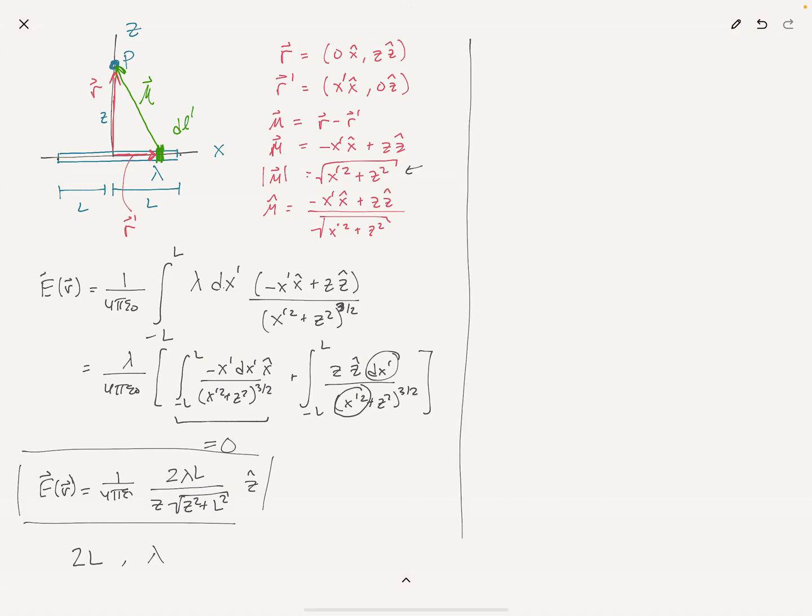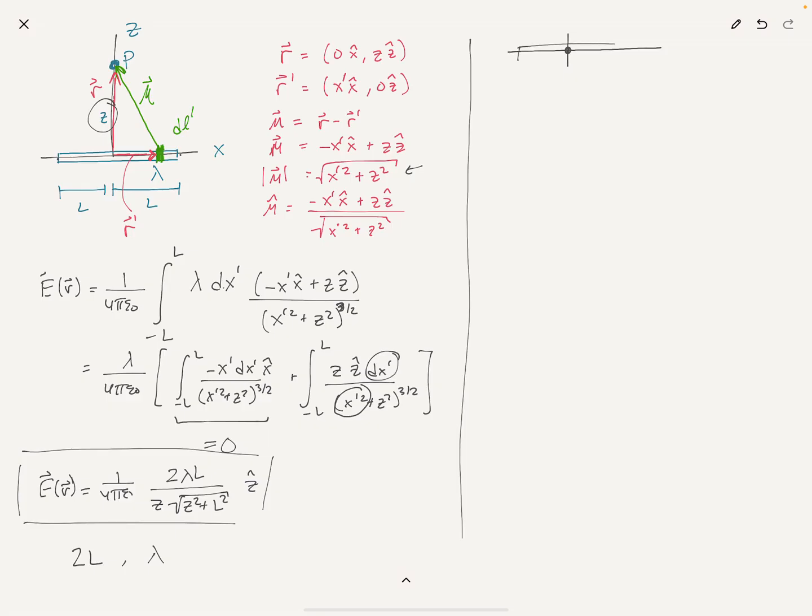Okay, so what happens in a physical limit where I change my point P so it's at the origin? I just said that I'm looking for the electric field at some point Z away from my axis. But what if I set Z down to 0?